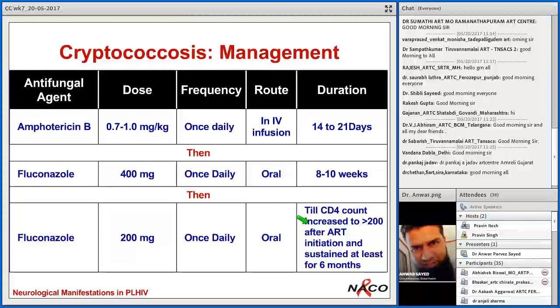In cases like this, I would also advise that, because sometimes the scenario can be very mixed, especially when a relapse happens. Recently I observed a case of cryptococcal meningitis treated with injection amphotericin B. The patient took tablet fluconazole for almost 6 to 8 weeks, and then after a few months of antiretroviral treatment, the patient again developed meningitis.